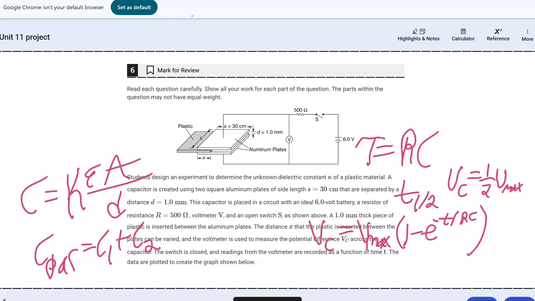C1 plus C2. And so now we have everything we need to solve this.